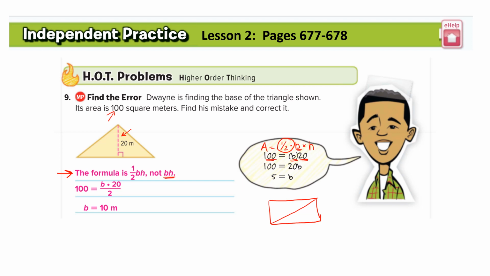So if he did it correctly, 100 equals the base times the height divided by 2. Because remember, 1/2 is the same thing as divided by 2. And that would give us 10 meters.